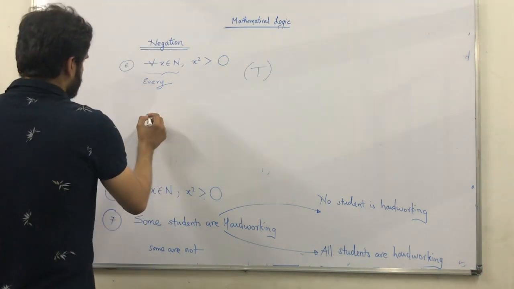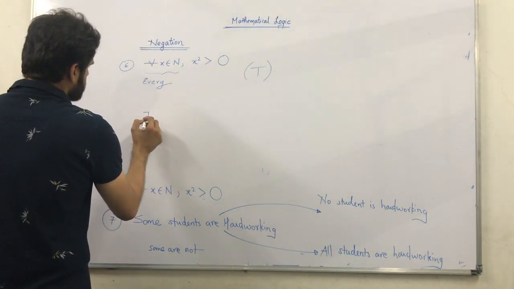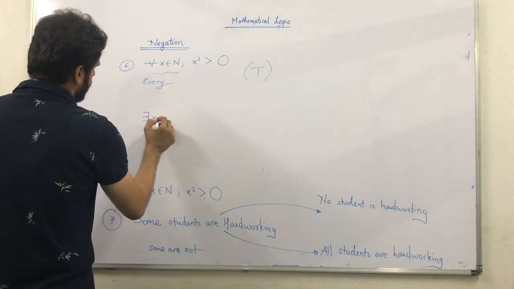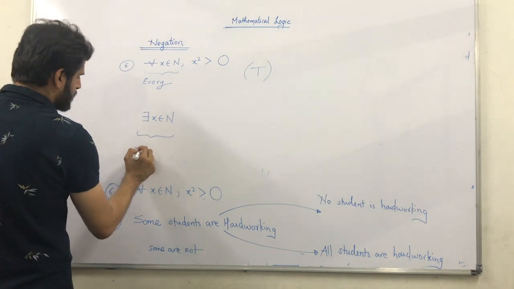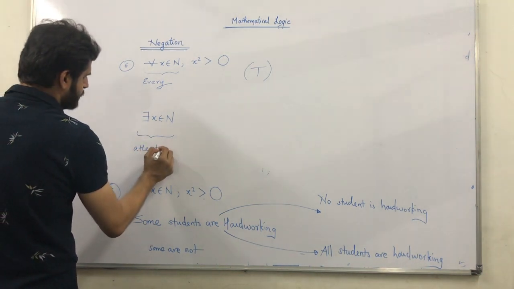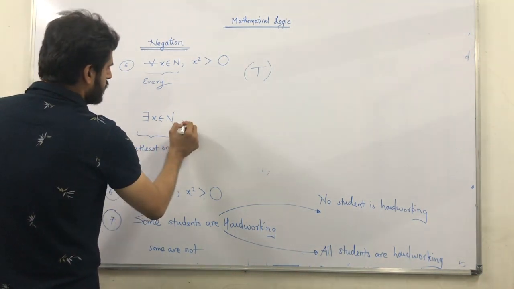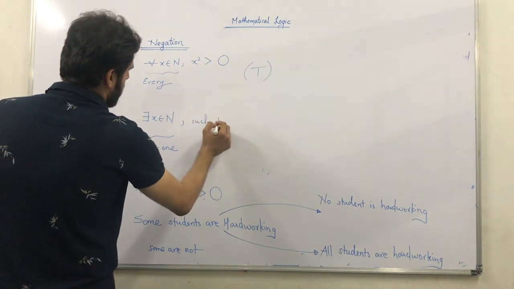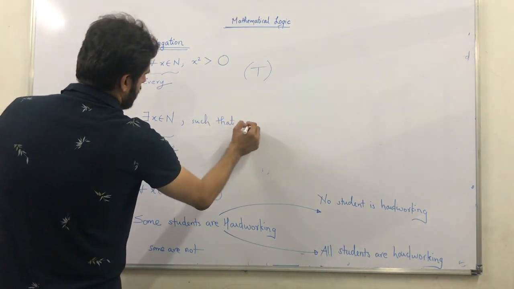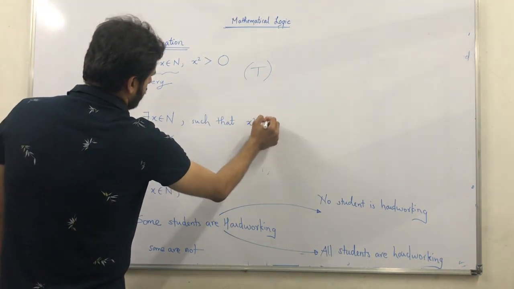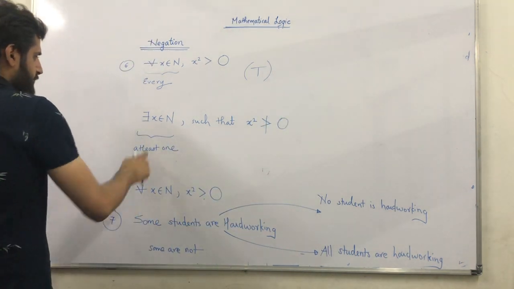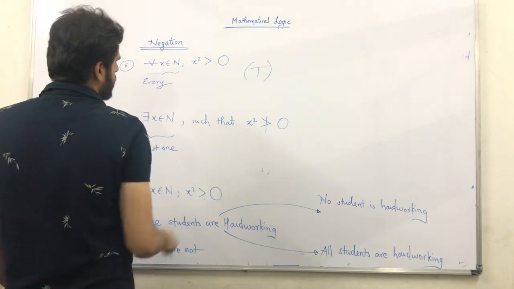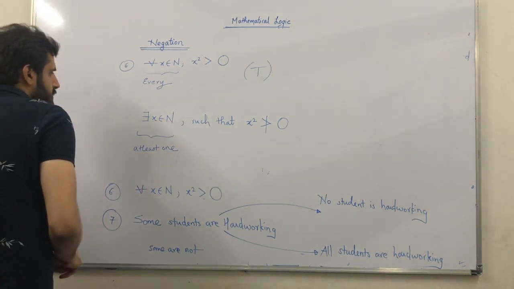So negation will be, there exists a natural number, so there is at least one natural number such that x square is not greater than 0.